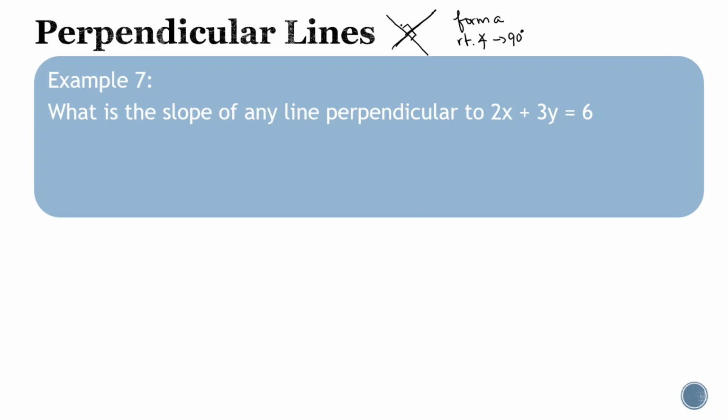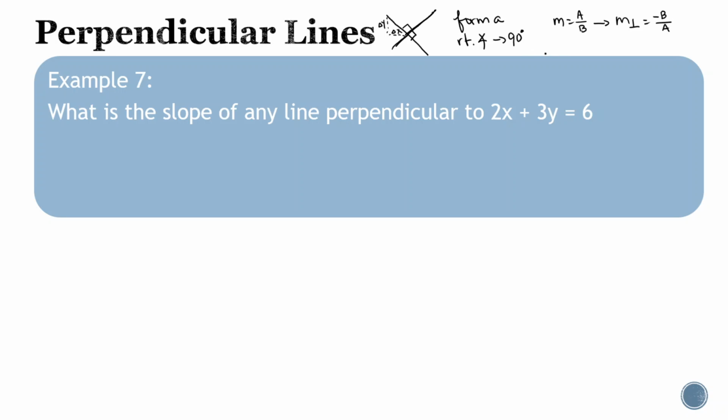What we also find is that our rise and run actually are going to have to switch places in order to make that right angle. So if the slope is a over b, then the perpendicular slope is going to be -b over a.